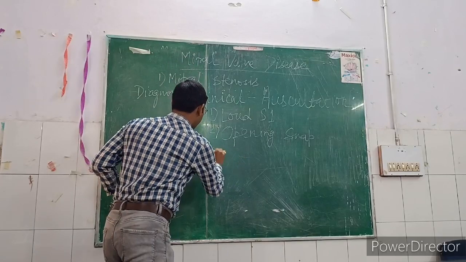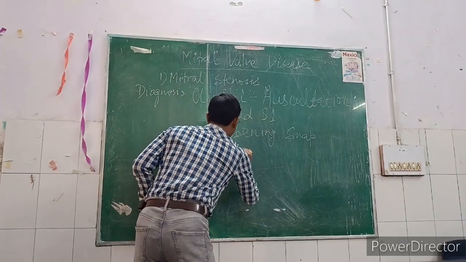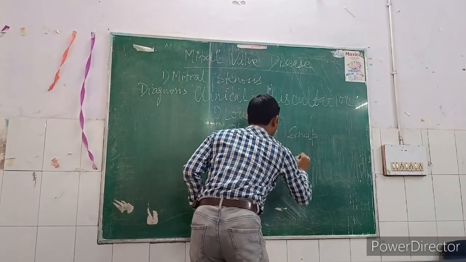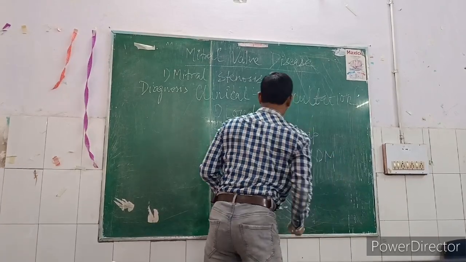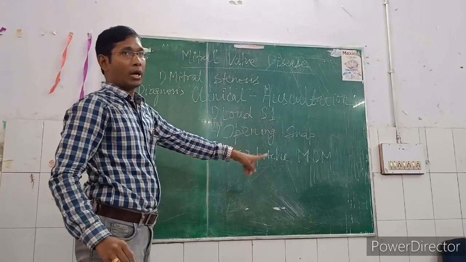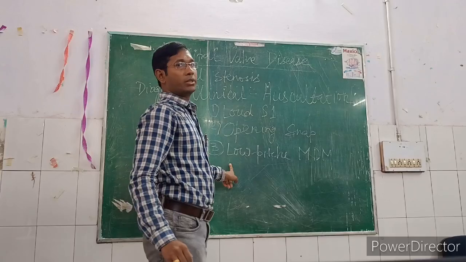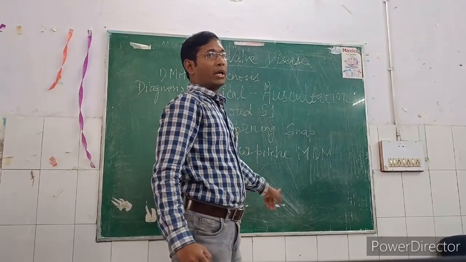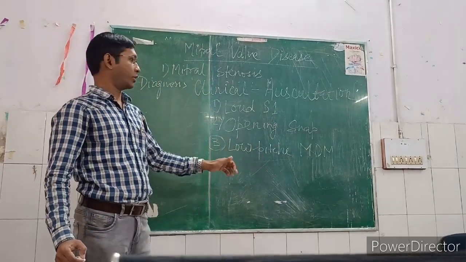And the third is more important: a low pitched mid diastolic murmur, which is heard at the cardiac apex. Its characteristic is that it is accentuated by exercise and during atrial systole, which is called pre-systolic accentuation.